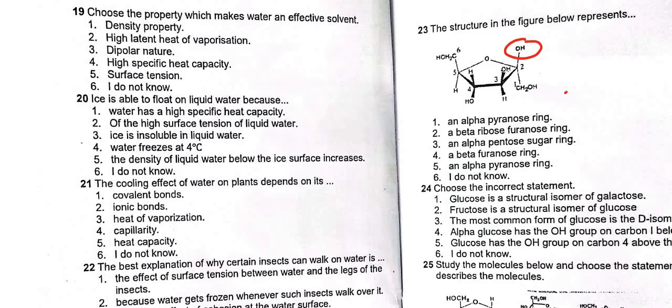Quickly. 3. An effective solvent. Yeah, the dipolar nature. Yes, it has the positive and the negative. It can accommodate anything. Then how about number 20? Ice is able to float on liquid water because, what's the correct answer here? Number 20, guys, what's the correct answer?